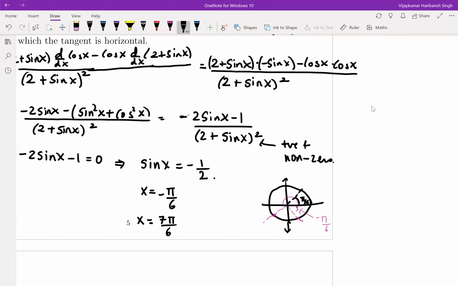Now note that these functions are periodic, so we can add multiples of 2 pi n, where n is an integer.